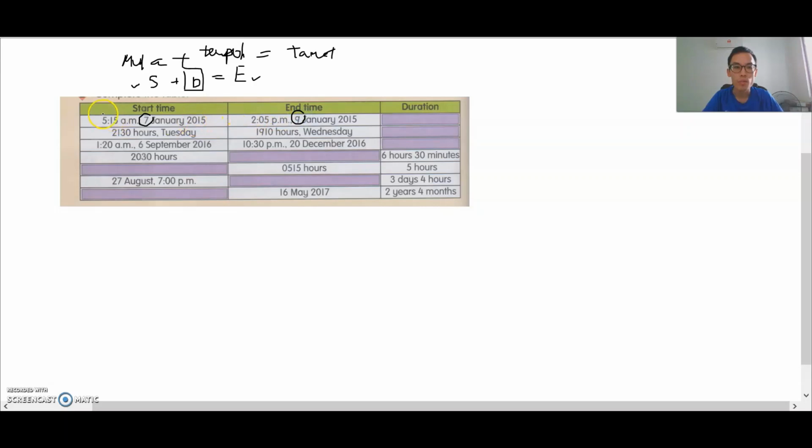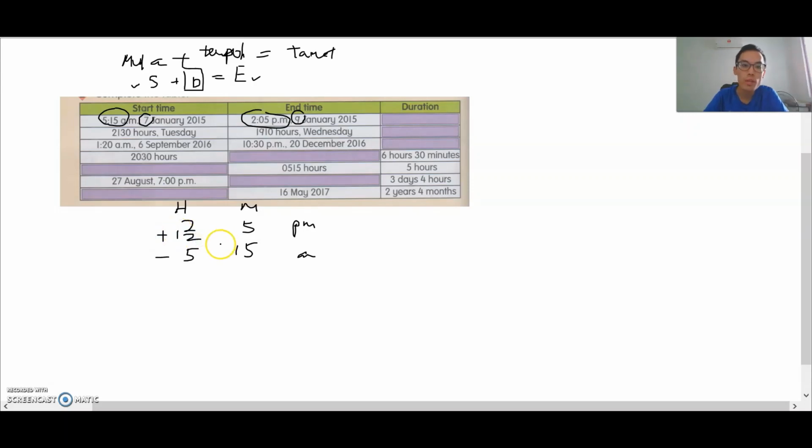Okay, before that we want to make the time the same first. So we take the ending time 2:05 p.m. Okay, this one is hours, this one is minutes, and then we minus 5:15 a.m. Because this is PM, this is AM, we can add 12 hours first.